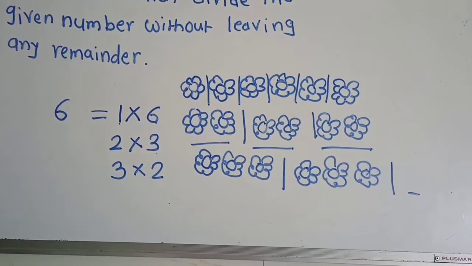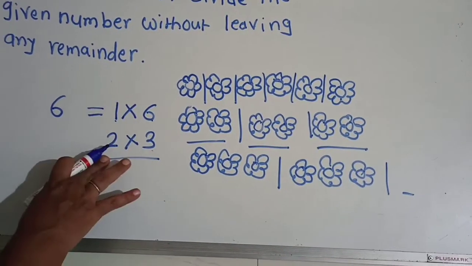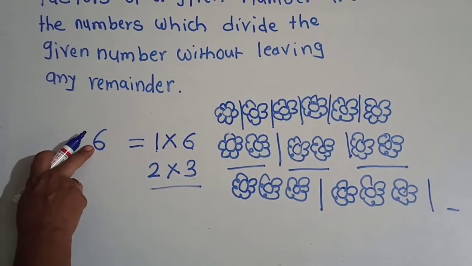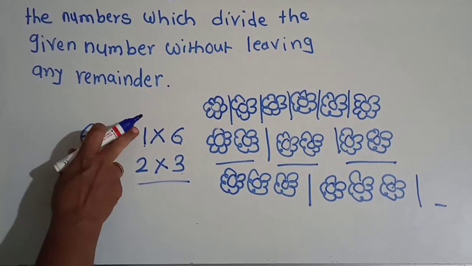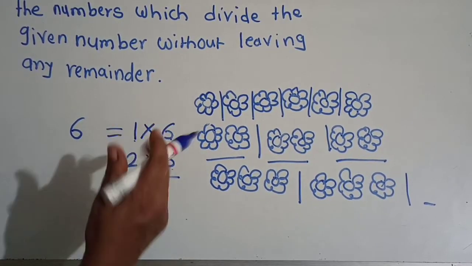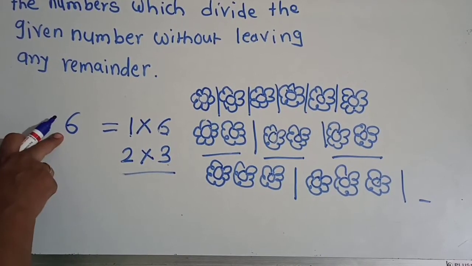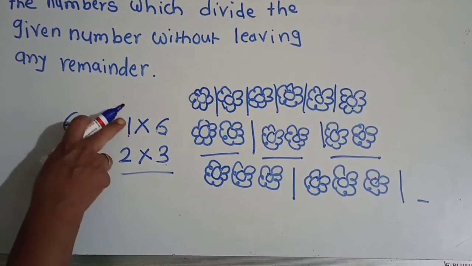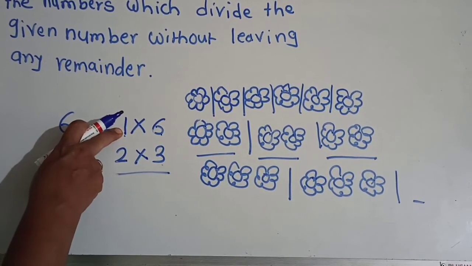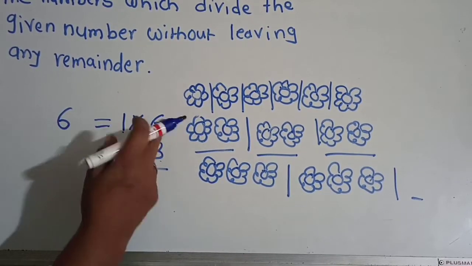So we have to write this here only. And now the factors of 6 are 1, 2, 3 and 6. Why is this a factor of 6? Because when we do 1 six is 6, no remainder.